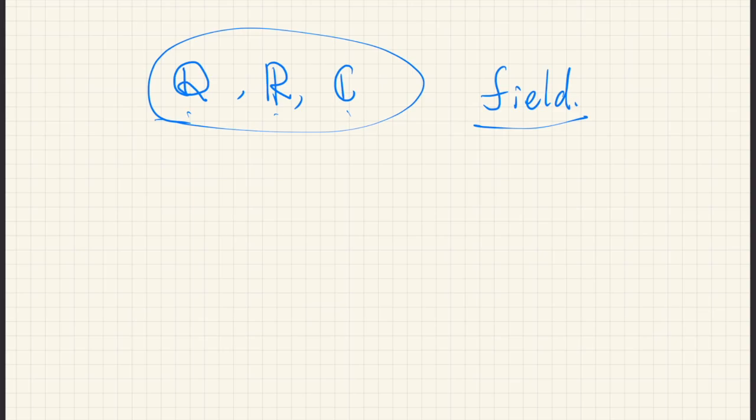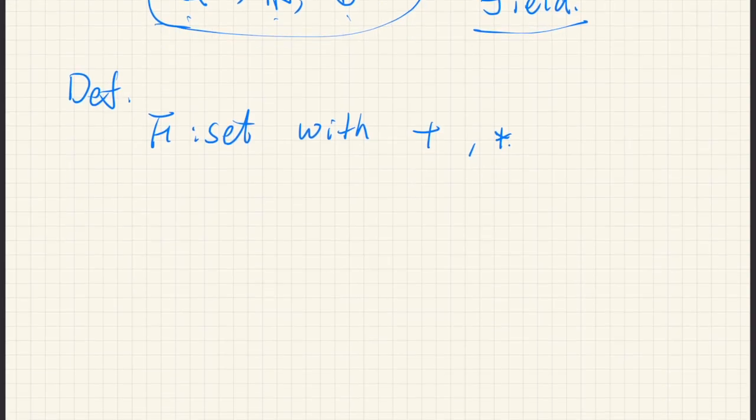Okay, let's start. First let's start from the definition. Let F be a set which is equipped with two operations called addition and multiplication. These operations satisfy the following axioms.